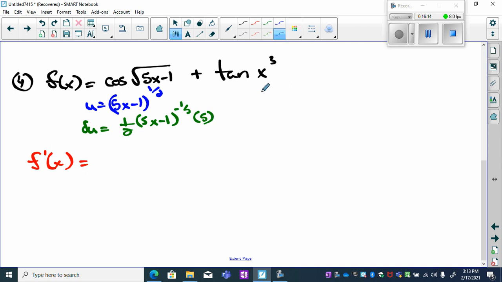Over here, this one's a little less complicated. u is just x cubed. The derivative of u would be 3x squared. Okay.